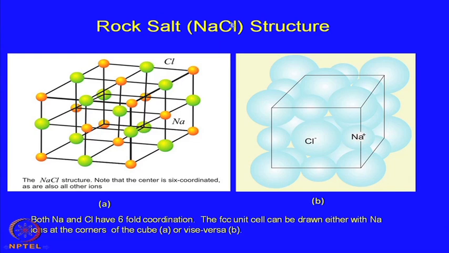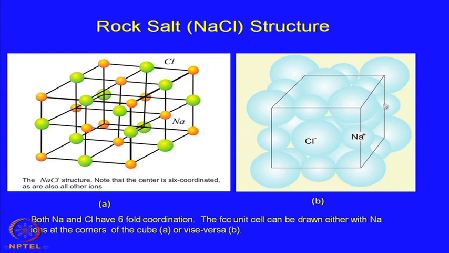There are obviously two ions, one is the sodium ion and another is the chlorine ion. Sodium is the cation, so it is smaller, and chlorine is larger and it is an anion. The ionic sizes of sodium and chlorine are not too different, they are much closer to each other, but there is a difference.